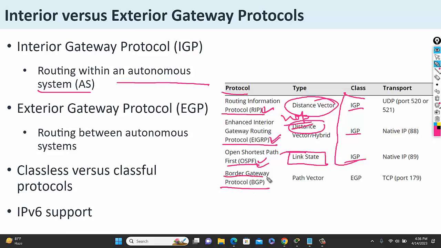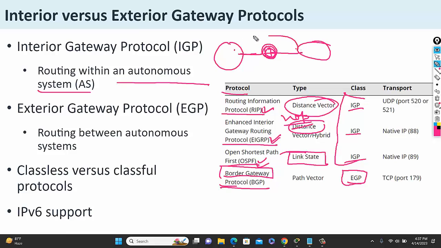BGP is a border gateway protocol, an exterior gateway protocol, where two AS numbers are there and in between there is one protocol which makes the communication between the different autonomous systems. This protocol is known as the border gateway protocol, meaning it is working as a border.